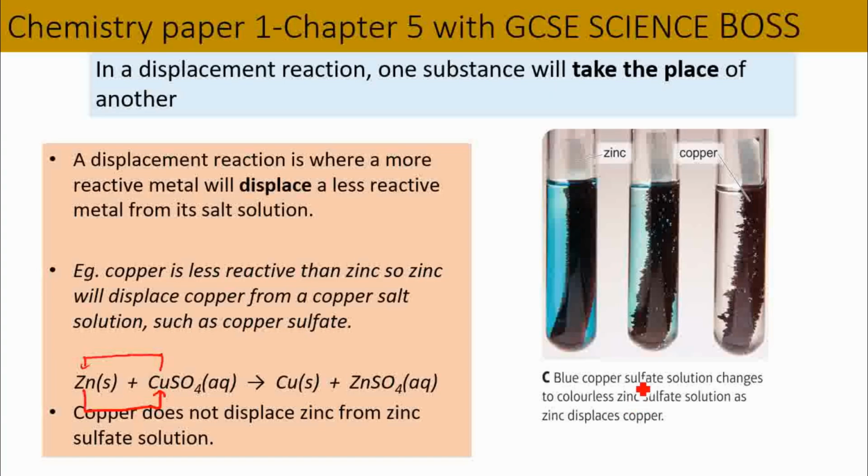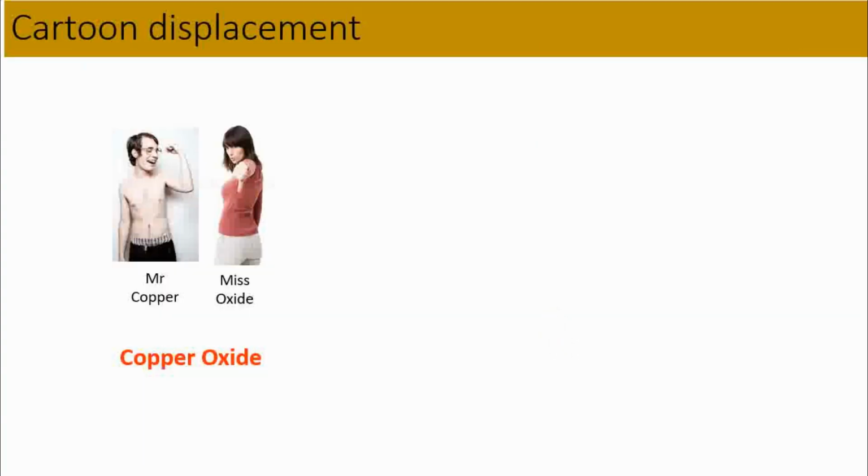Okay, so here is another way we could look at it. So you can see here a cartoon displacement reaction. All right, so you have Mr. Copper and Miss Oxide being married together. They are now called copper oxide.